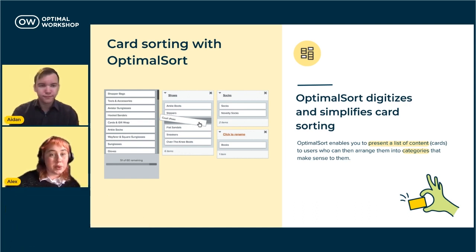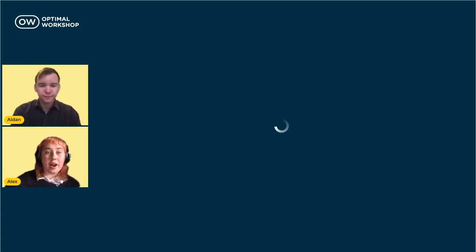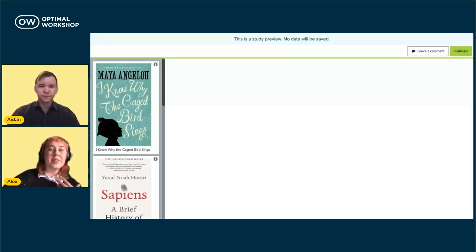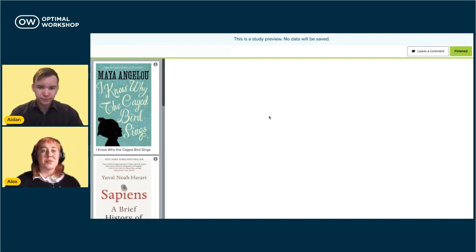I'm going to show you a really quick preview of one that I've created for today's purpose. You're going to see a much more detailed and technical card sort from Aidan shortly, but this one is here to show you a bit more of the functionality. I've created this preview, which I will title Judge a Book by its Cover.